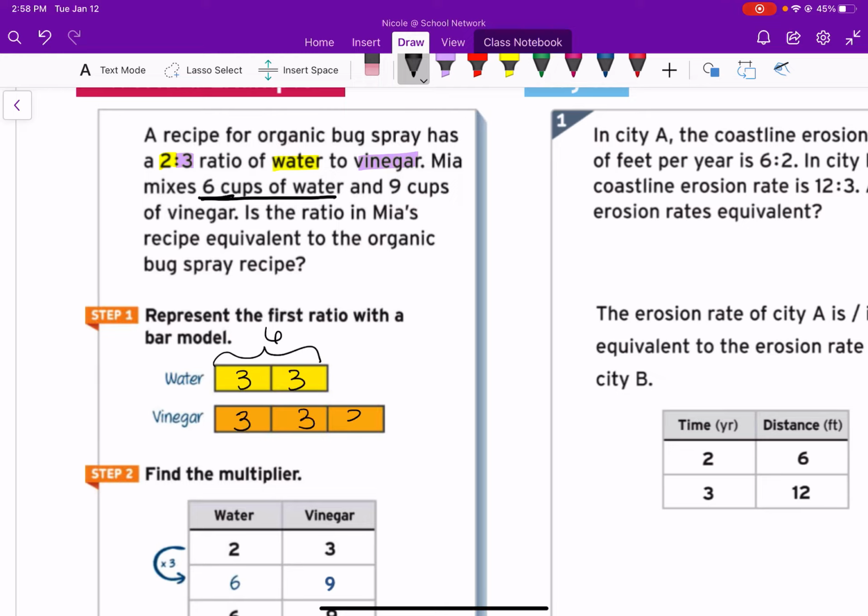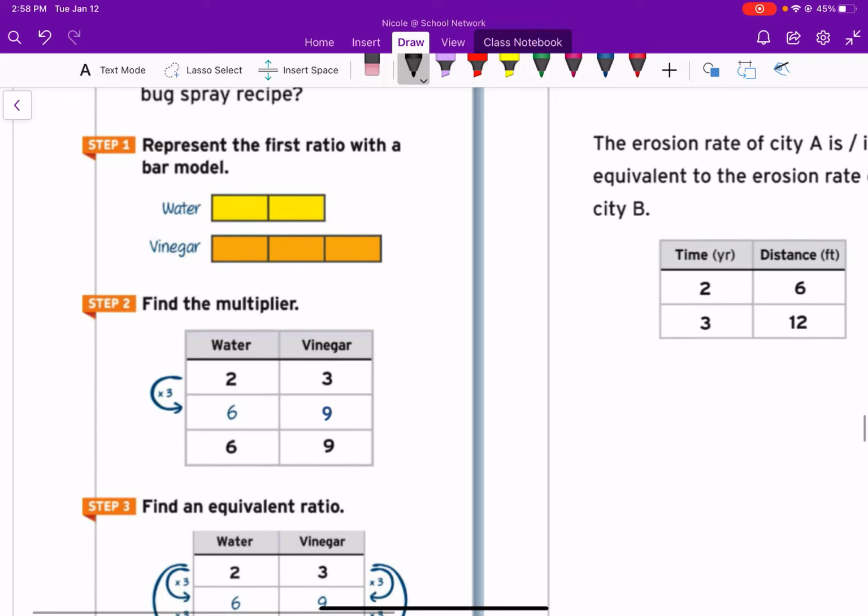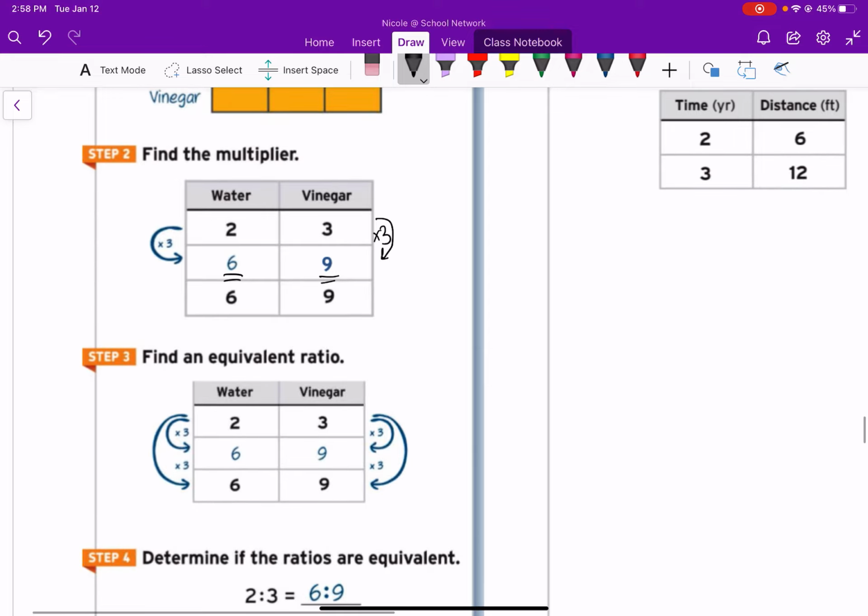So that is an equivalent ratio, but that's not what they want us to do. Here they used a table, so we find a multiplier to get us to our 6 cups of water. That's 3. And if we multiply this by 3, we get 9. So those are equivalent ratios.